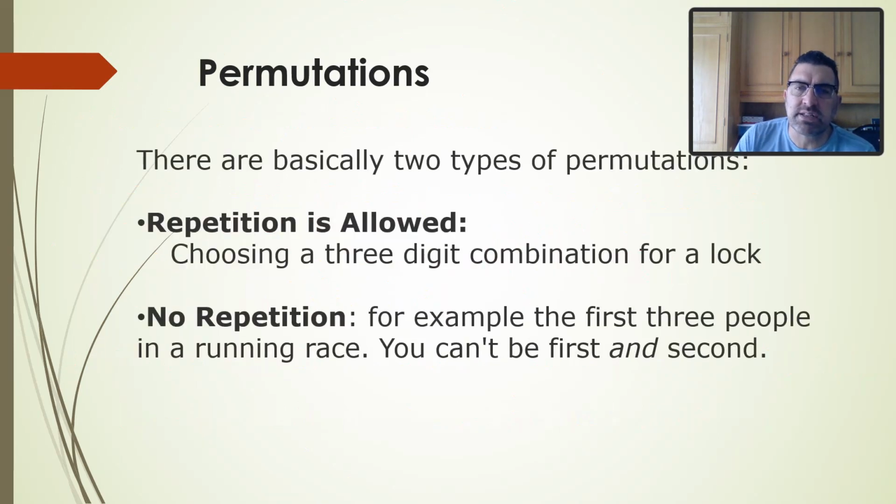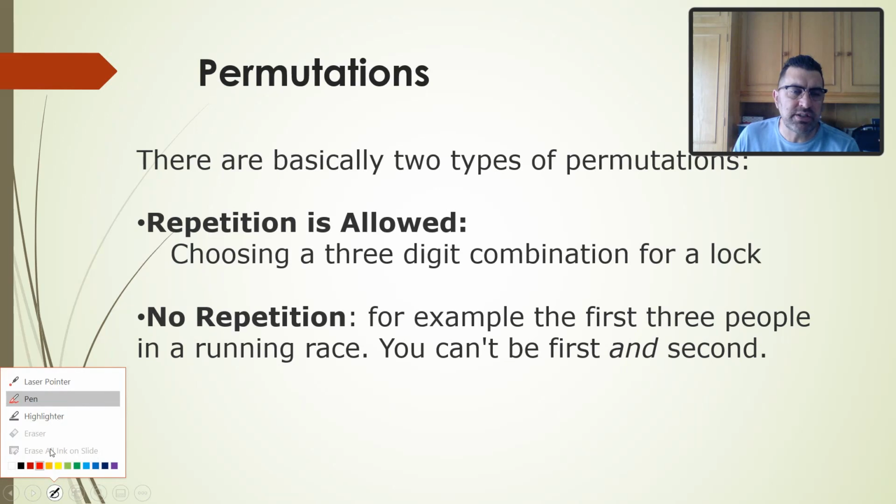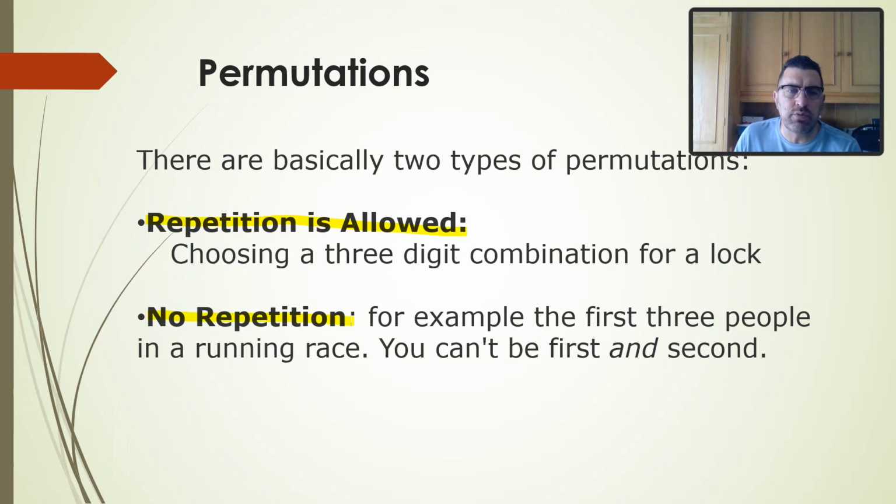Okay, let's look at another one. So there are basically 2 types of permutations. There's permutations where repetition is allowed, and there's permutations where there's no repetition. Choosing a 3-digit combination for a lock where repetition is allowed is simply, if you have 9 digits to choose from, 9 choose 3.